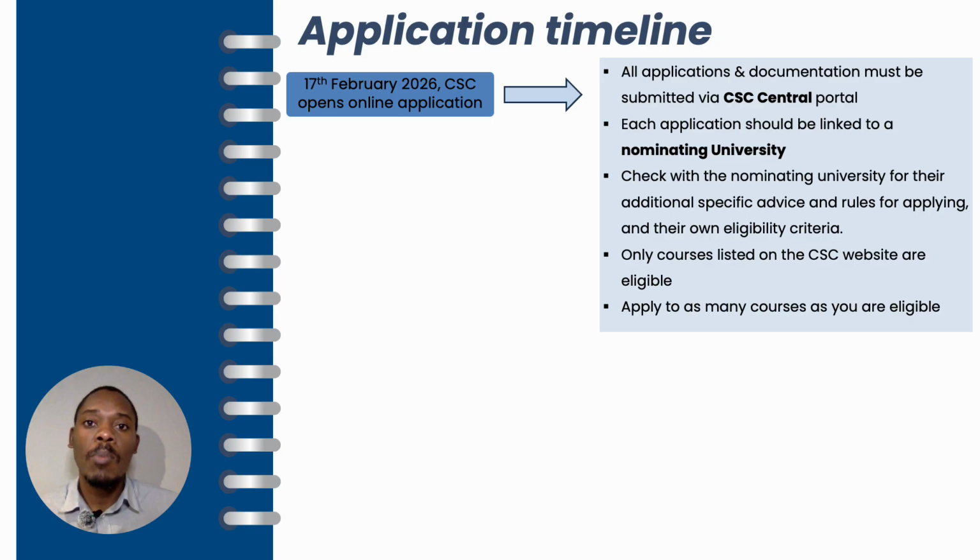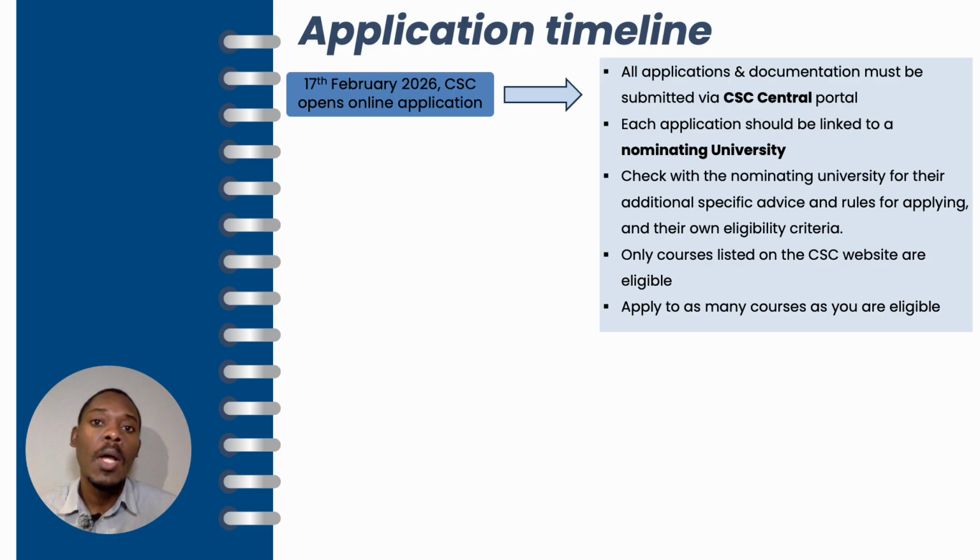You make the scholarship application by going to the Commonwealth Scholarship Commission Central Portal. I'm going to show you how to go to that portal. Then each nominating agency, like I've just previously explained, will have additional information.